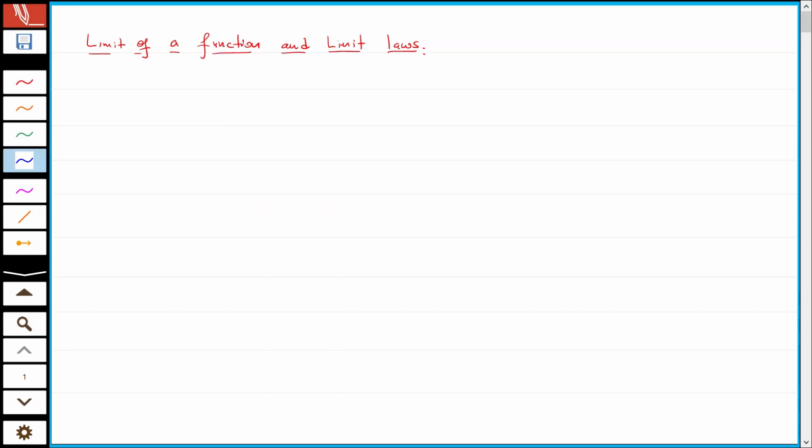Roughly speaking, what we are interested in this section is how a function behaves near a particular value, let's say x equals c.